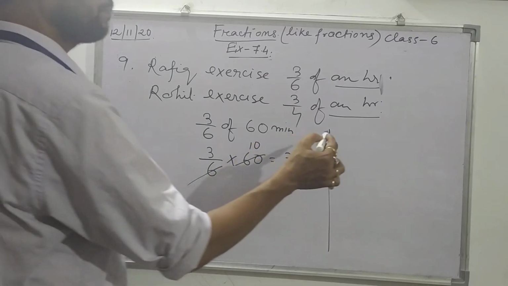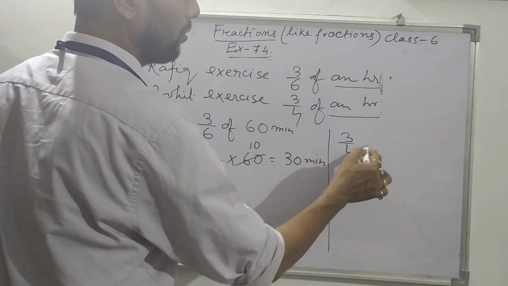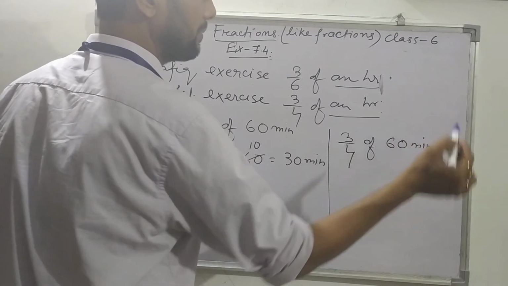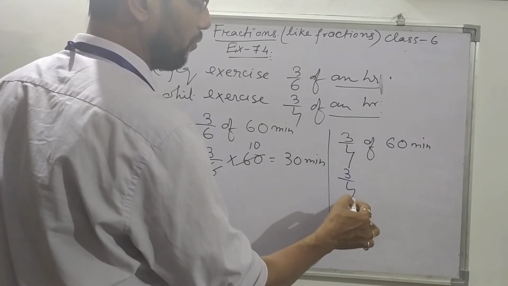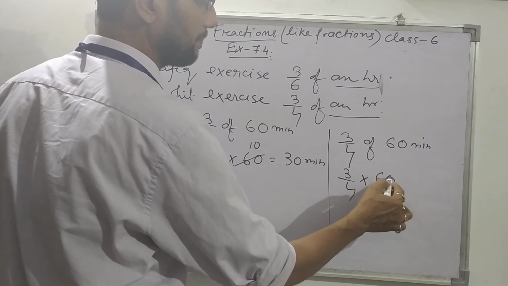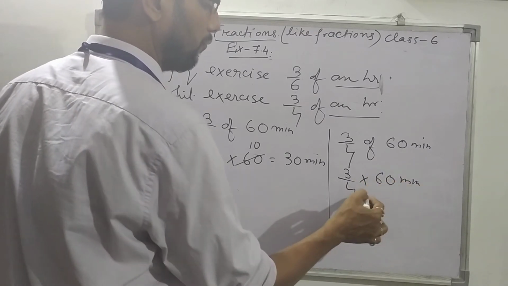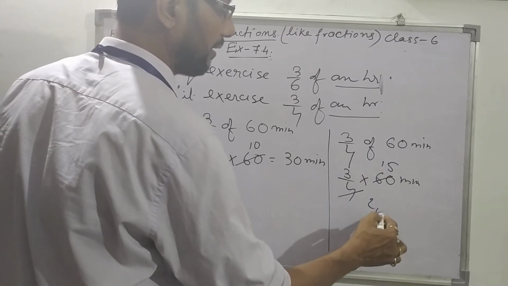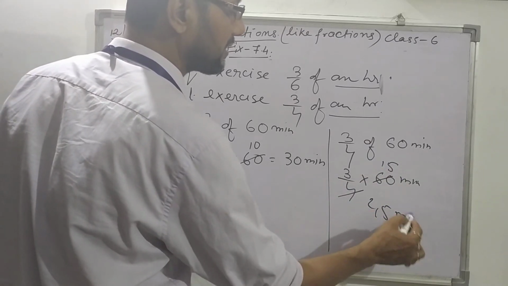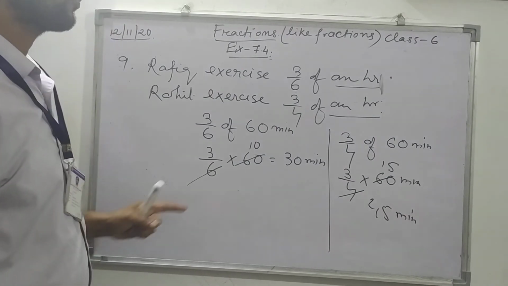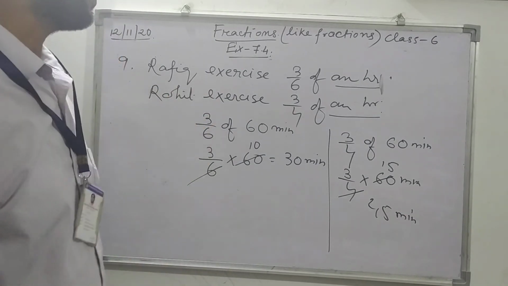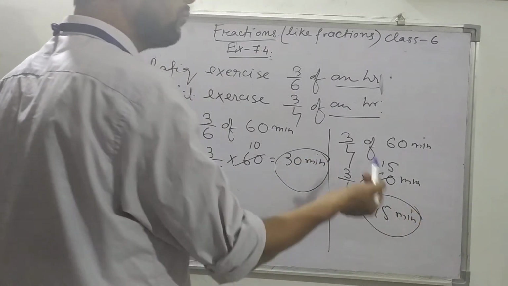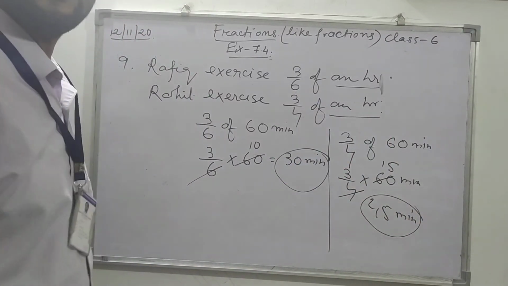Now for Rohit, 3 by 4 of 60 minutes. 4 15s are 60, so 3 15s are 45 minutes. From here we can say who exercised more. Rafiq got 30 minutes, Rohit got 45 minutes. So obviously Rohit exercised more.